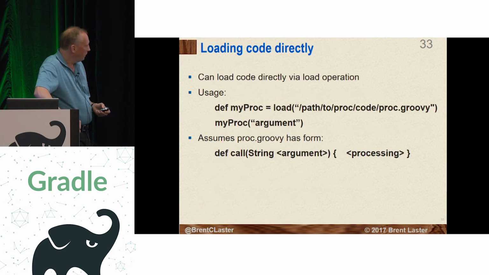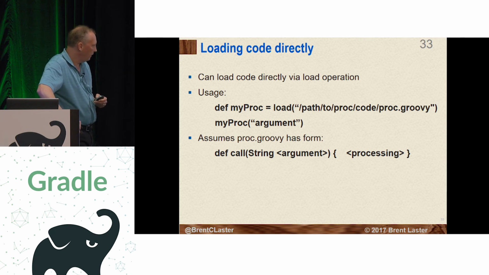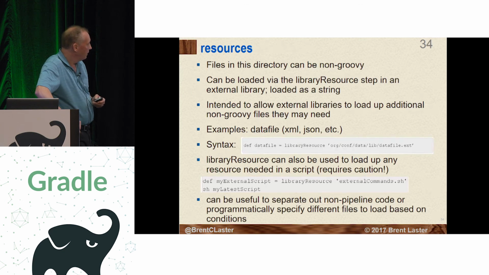So the usage here is, if I want to load code directly in, like a Groovy program, I can just define a value in a scripted pipeline. In a declarative pipeline, you can't define values like this. Okay? In a scripted pipeline, I can define a variable, call the load argument, and that assumes that the Groovy has that kind of defined call structure as well.